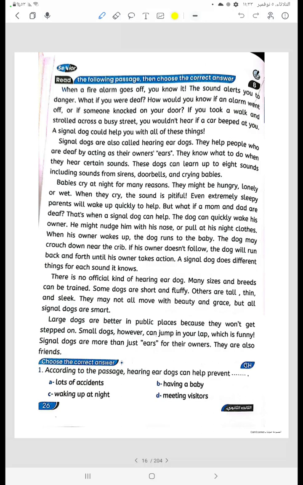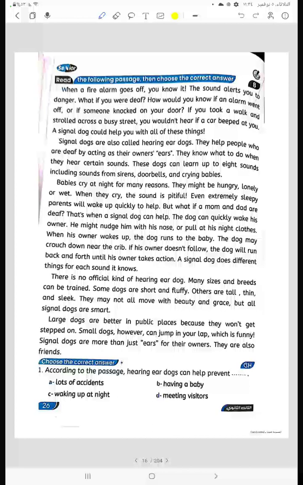They may not all move with beauty and grace. grace معناها رشاقة. But all signal dogs are smart. بس هم أذكياء. Large dogs are better in public places because they won't get stepped on. Small dogs, however, can jump in your lap, which is funny.